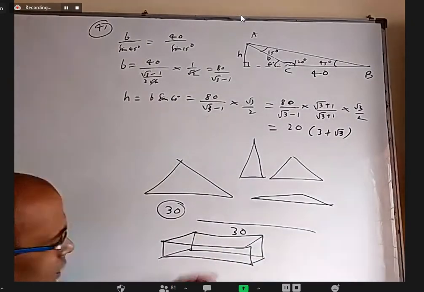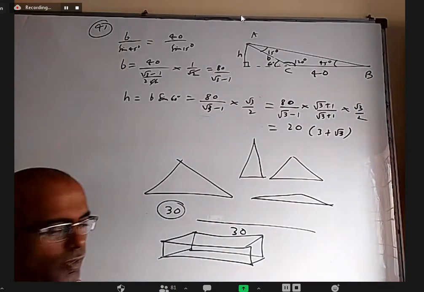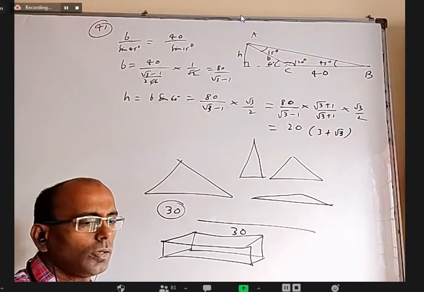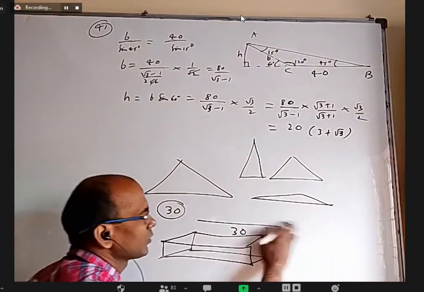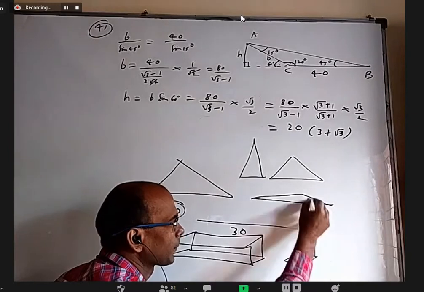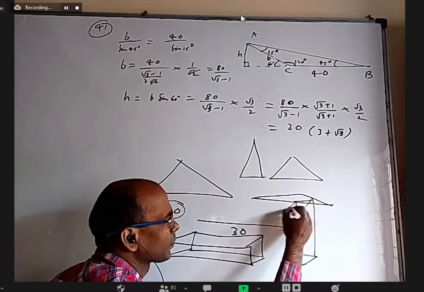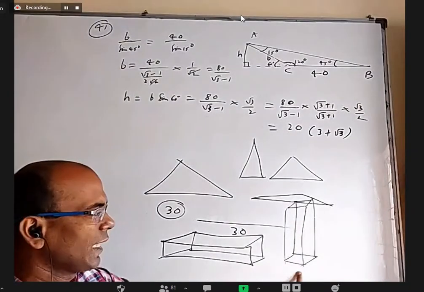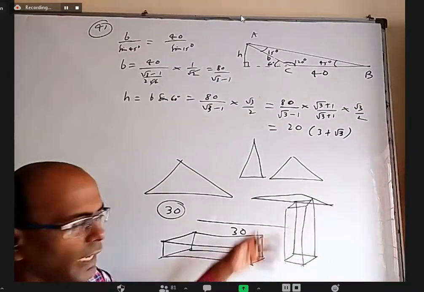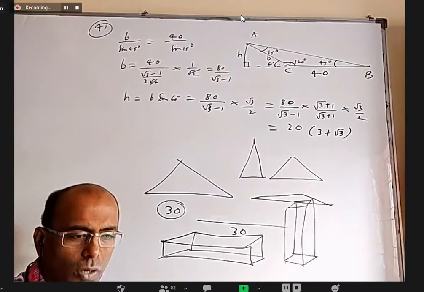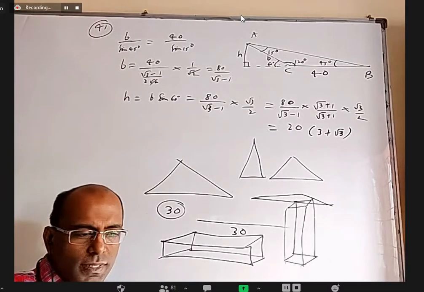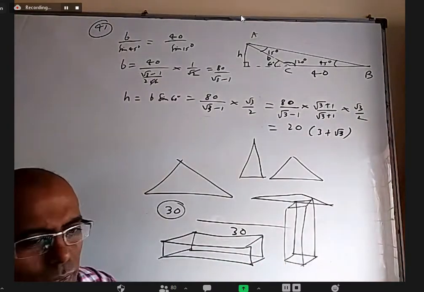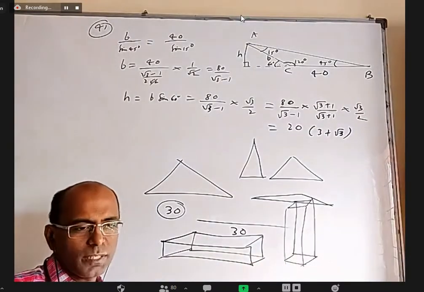But then too much material will be used for making this sheet and welding all that, right? Or somebody can make a long tin like this. So what should be the length, breadth and height of the box so that I store the same quantity? Here also 1 liter, here also 1 liter, but I want the surface area to be least, so that I can minimize my expenditure.